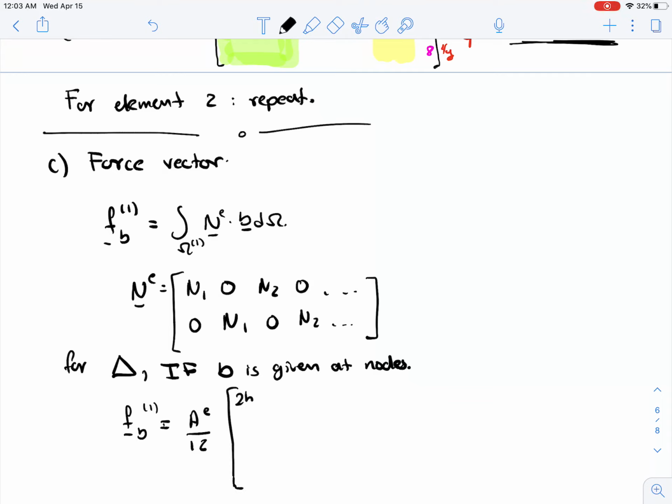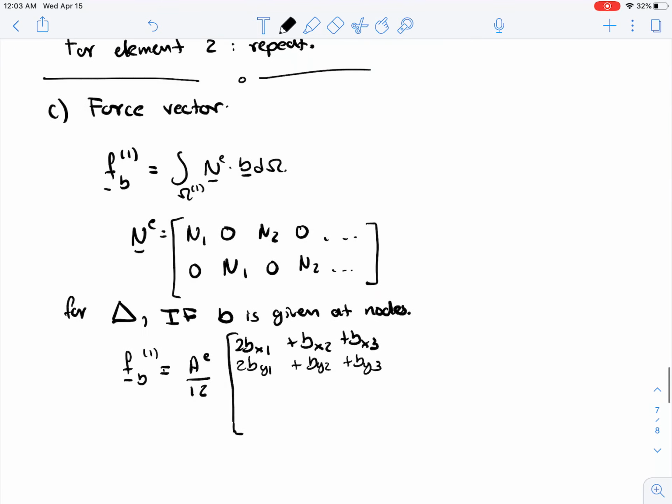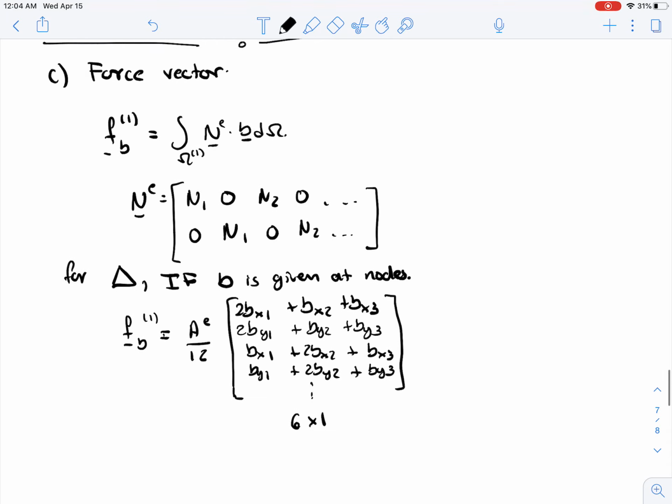If B is given at the nodes, then this will be the area of the element over 12 times 2bx1 plus bx2 plus bx3, and then the same but with y, so 2by1 plus by2 plus by3, and then bx1 plus 2bx2 plus bx3, by1 plus 2by2 plus by3, and then 2 more. So this ends up being a 6 by 1 vector.